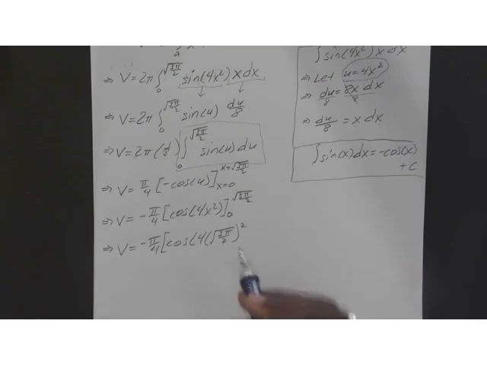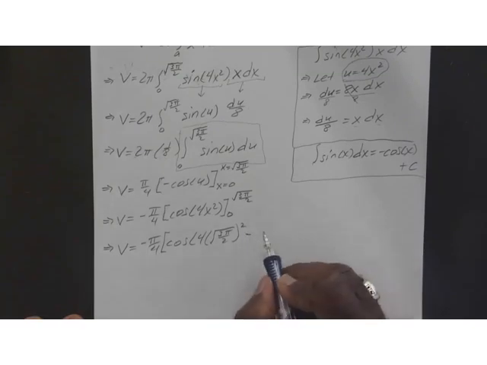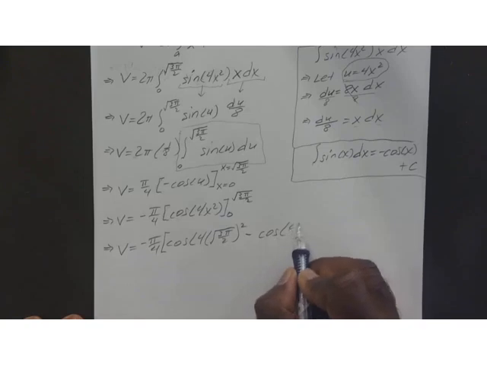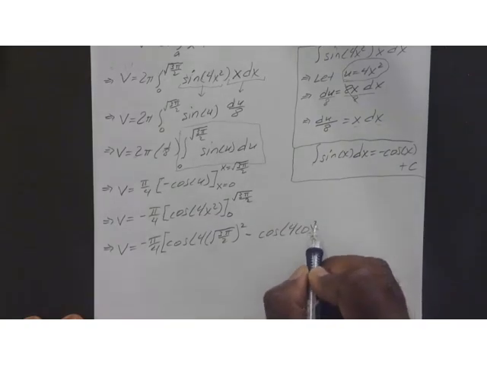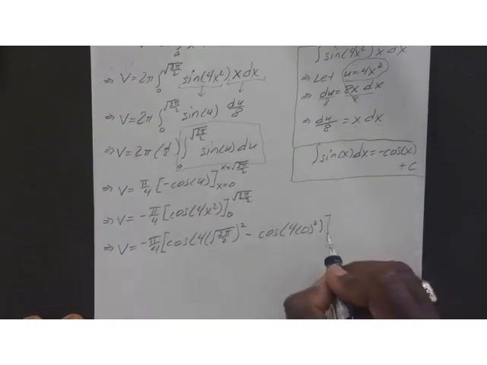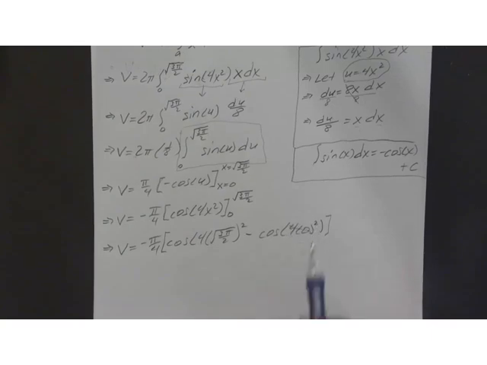Now we plug in our lower bound, so it's minus cosine of 4 times 0 squared, which we could have just put 0, but I like to write out the whole thing. We know 4 times 0 is just 0, so that just disappears.